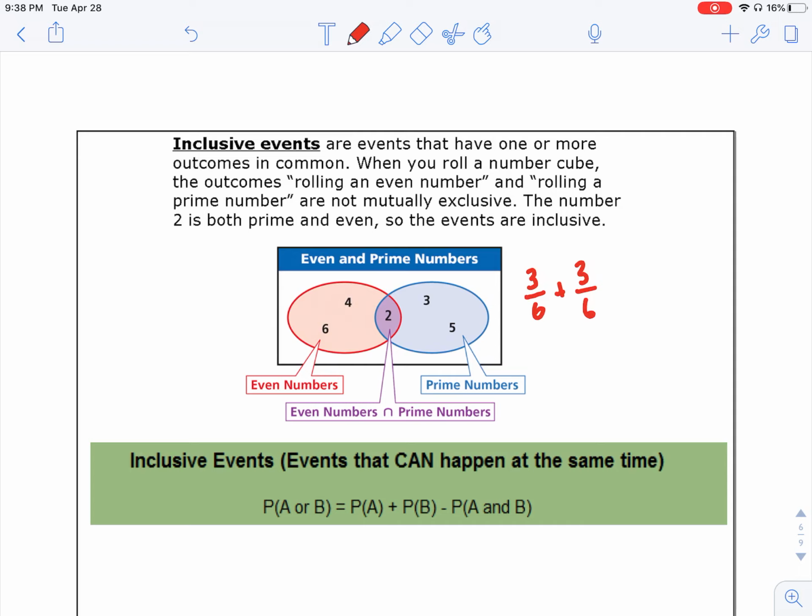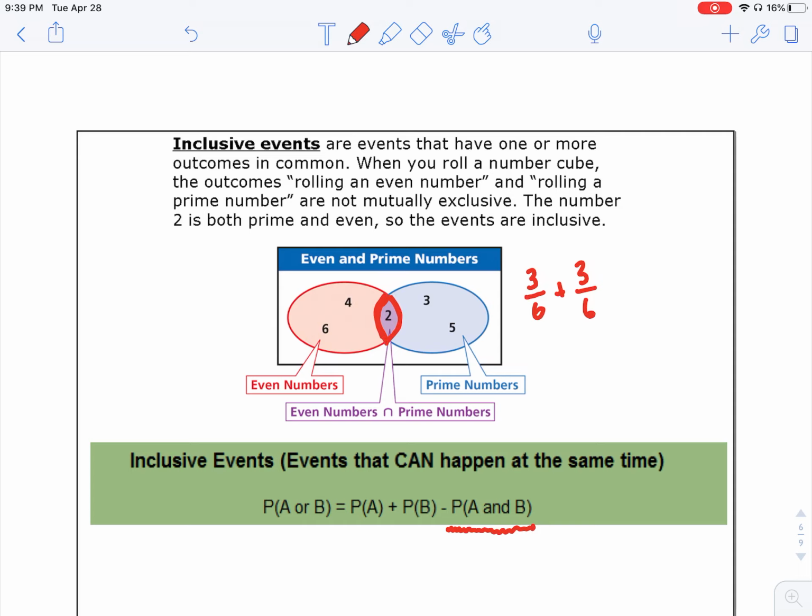So what happened is you accidentally double counted the 2. So for that reason, when we are calculating probabilities of inclusive events, we have to be careful to subtract the probability of A and B, which is this intersection of the two circles right here.